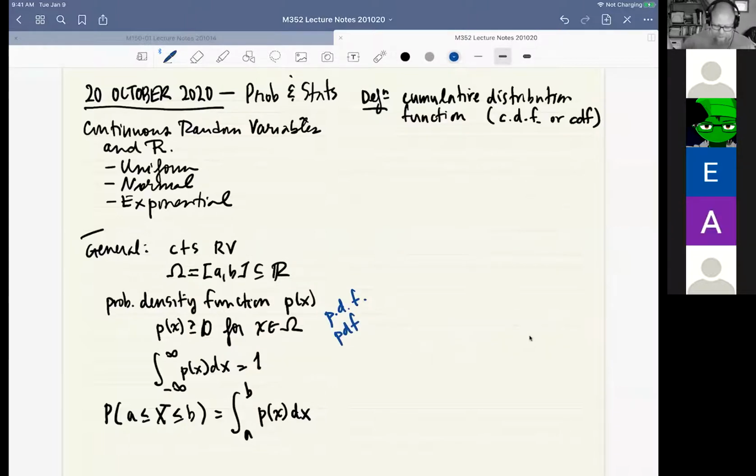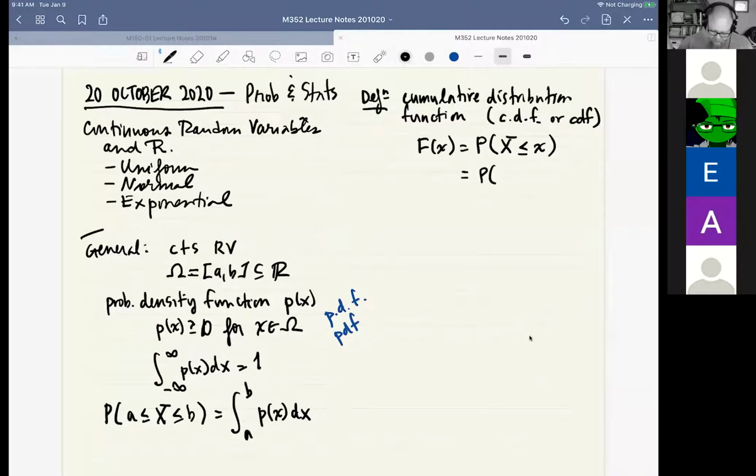Okay. With a cumulative distribution function, it's a function F of x that represents the probability that our random variable's value is less than or equal to some x. So these x's are the same. So notice this is a one-sided interval, and this down here is a two-sided interval.